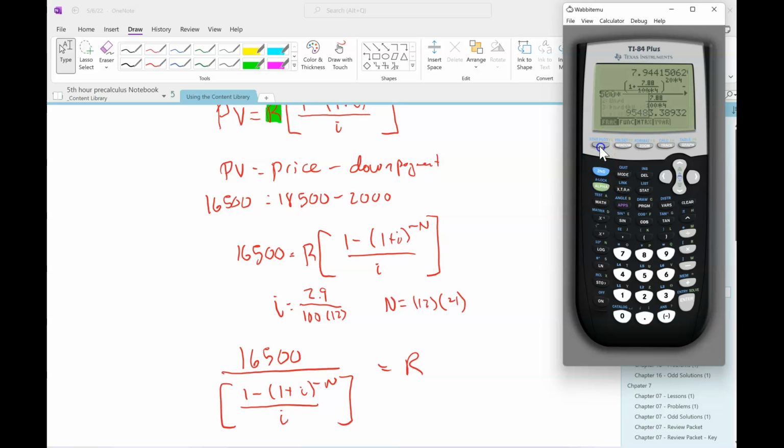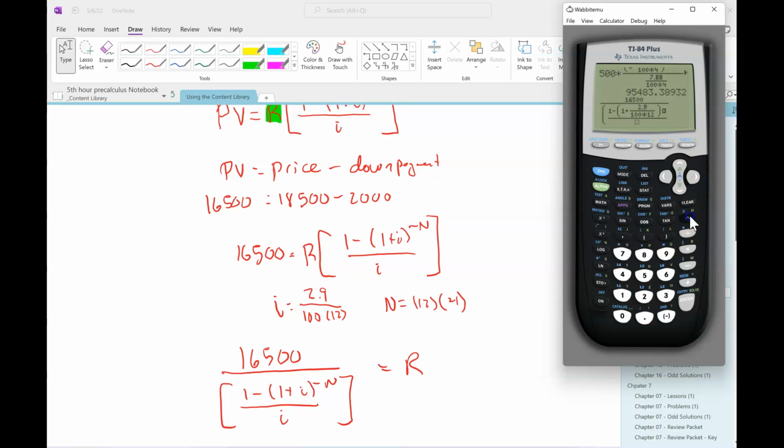I'll do fraction command, my 16,500. And in the denominator, parenthesis, fraction command again, and I have 1 minus 1 plus, and where the I is, the fraction command again: 2.9 over 100 times 12.